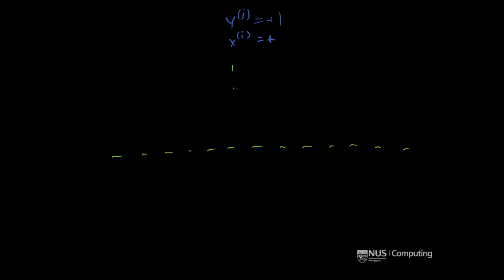So I'm going to draw a two-dimensional axis with the origin here. Since our xi is positive, it's going to land in the upper right quadrant somewhere. Let's say it looks like this. It's just a bunch of coordinates that are all positive, so we can write it out as a positive vector.